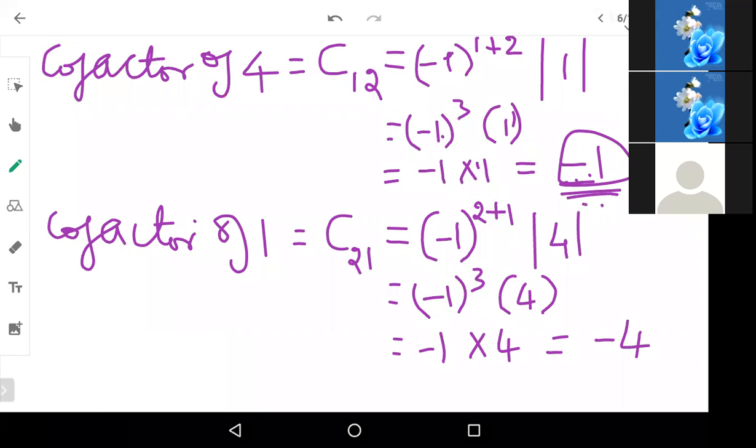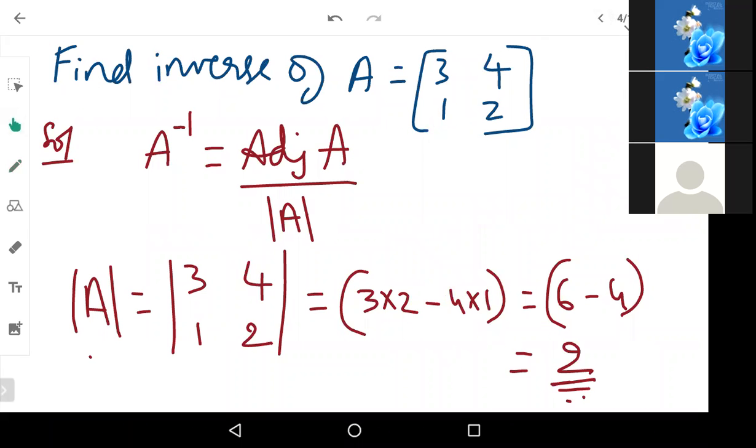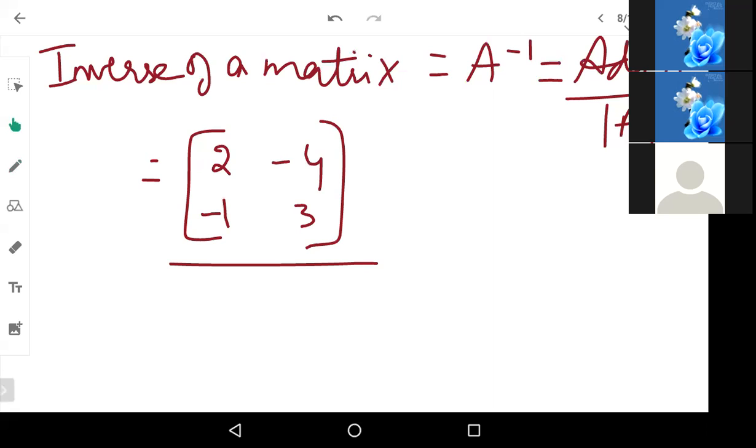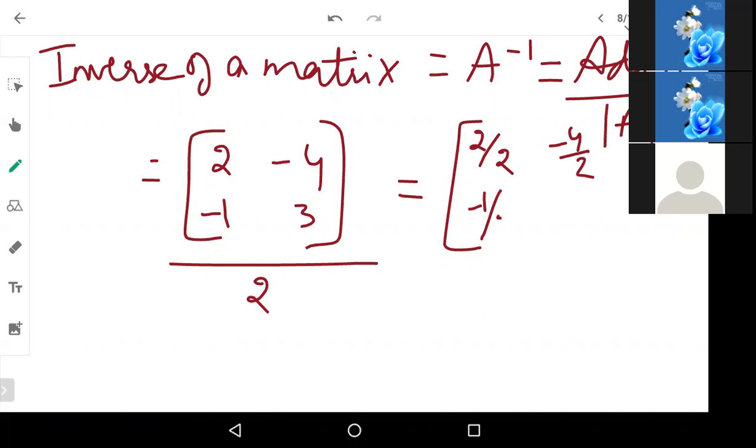So, the determinant of A value was 2, right? So, the determinant of A value is 2. So, each and every element should be divided by 2. That will be 2 by 2, minus 4 by 2, minus 1 by 2 and 3 by 2.